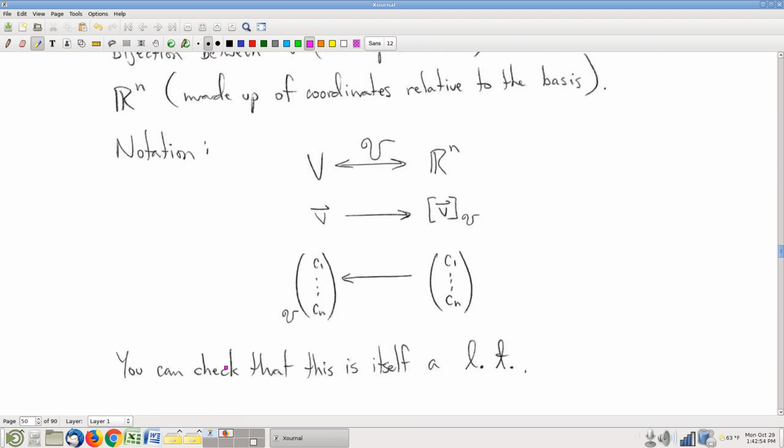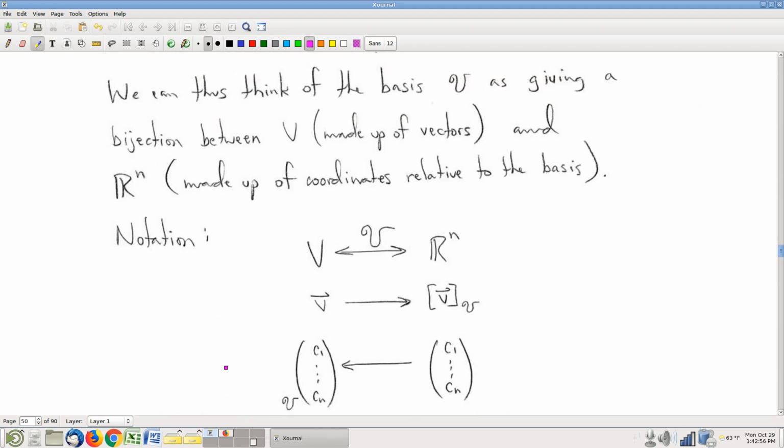I want to think of this in a kind of a different way. I want to think of this now as an alternative interpretation of what a basis is. We've thought of a basis as being a collection of vectors, and it is, and that's absolutely an important point of view. Two different points of view I'm going to give you now that are different. One is you can think of a basis as being a function. Now, we've certainly not thought of a basis in that way before.